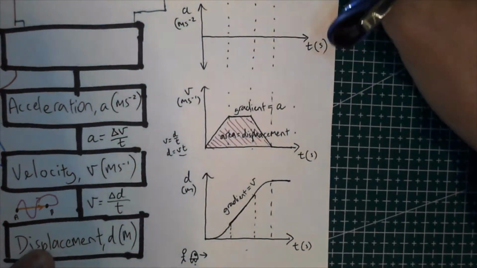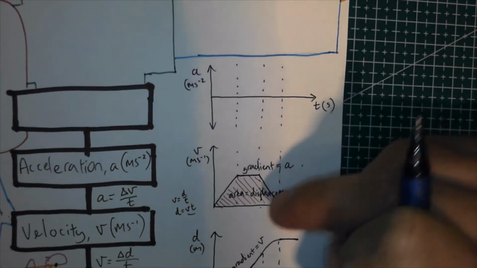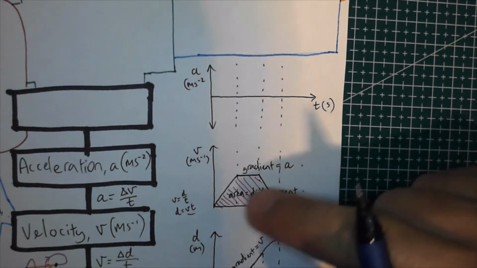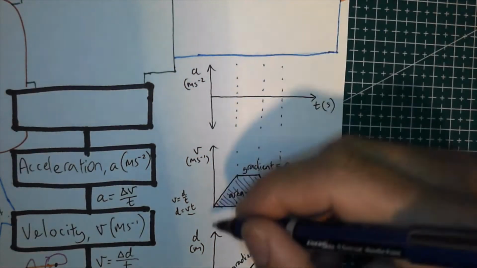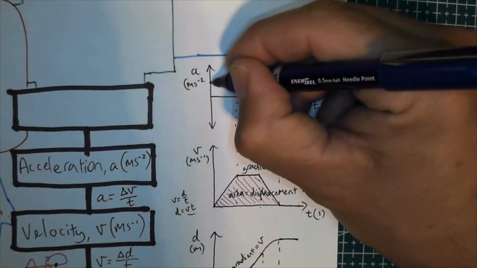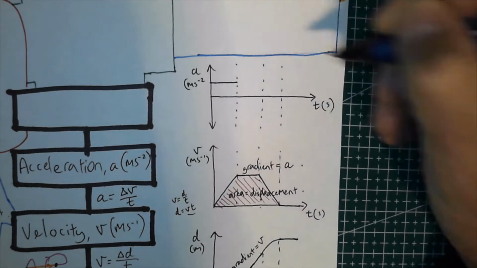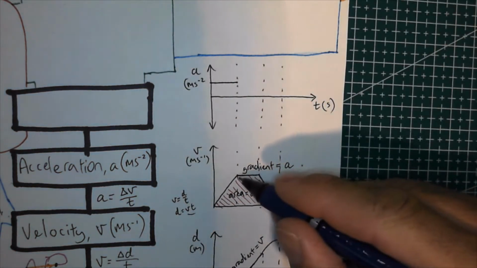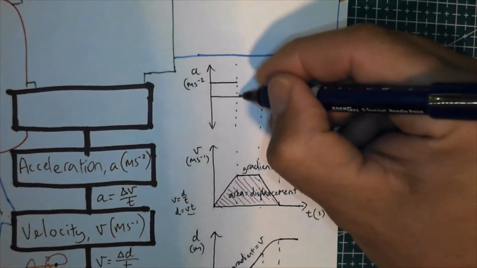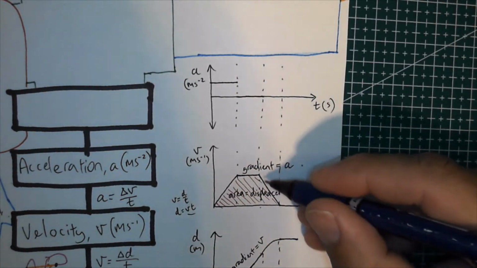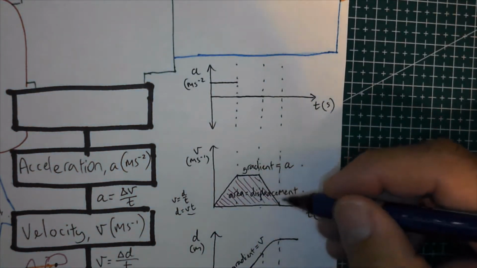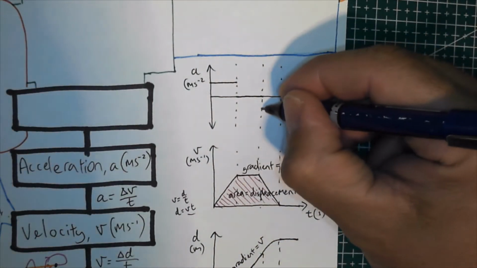And then we can go up to this top graph, which is the acceleration. So we've already mentioned down here that the gradient is the acceleration. Here we have a positive gradient, which is constant, which means we have constant acceleration. Here we have no gradient, so we have no acceleration. And here we have a negative gradient, which means we have a negative acceleration.